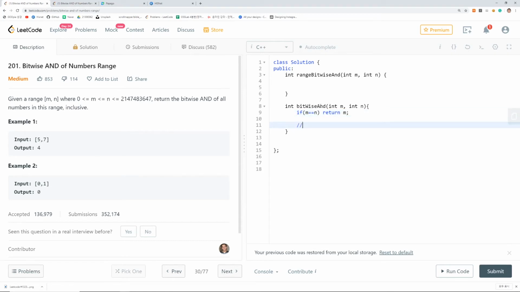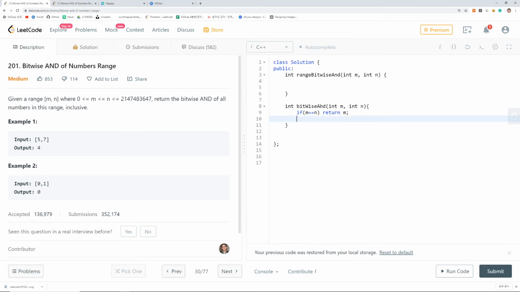For example, 5 and 5 are the same number, so it becomes 5, because the 1s and 0s that make up those numbers are the same, the order is the same, and the number of ones and the number of zeros are the same, so it's gonna return the number itself, m or n.